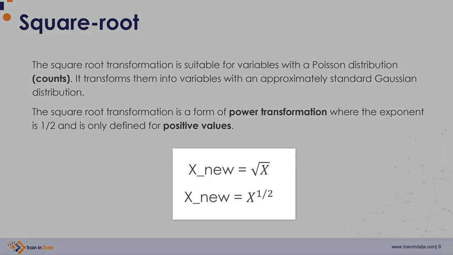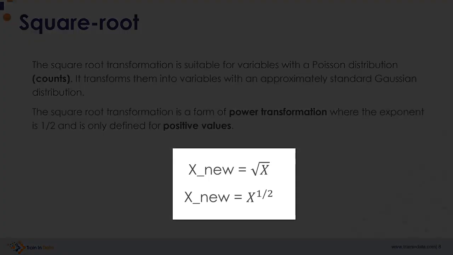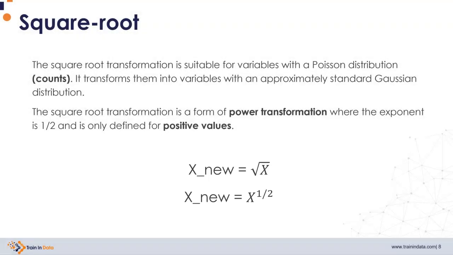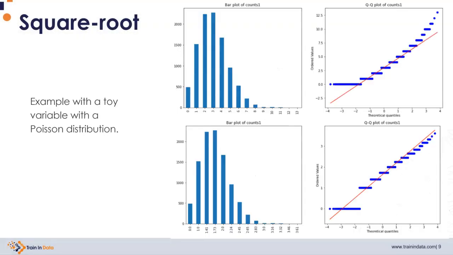So here we see a representation of the square root transformation where we just take the square root of x, or equivalently, we power x to 1/2. For this demo, I created a toy variable that follows a Poisson distribution, and then I applied the square root transformation.